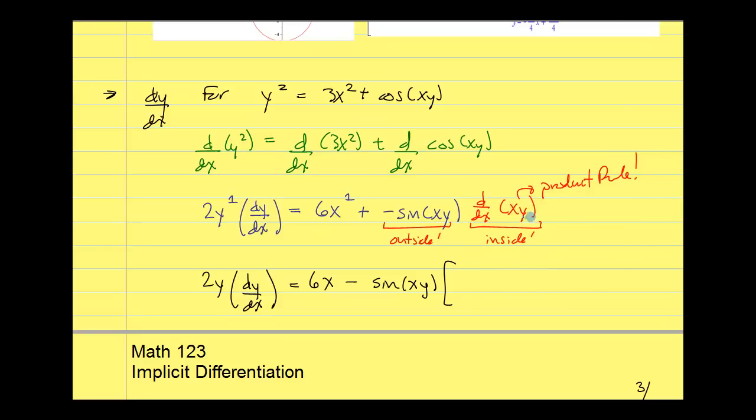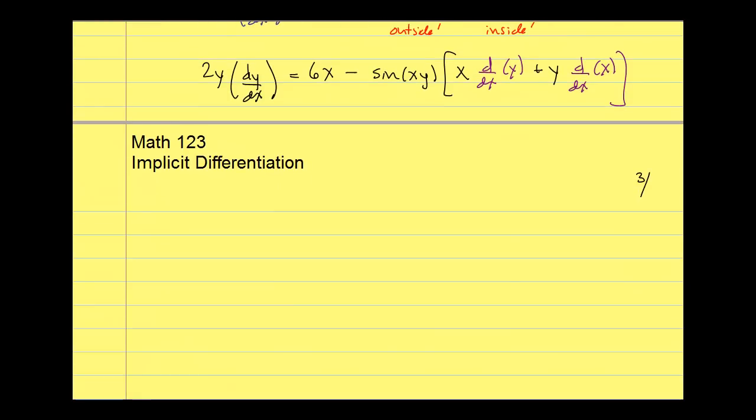Now the derivative of xy, so I'll have the first times the derivative of the second, plus the second times the derivative of the first. Lots of algebra here. It's good stuff.